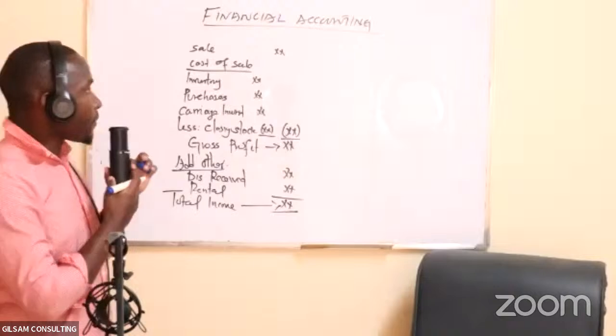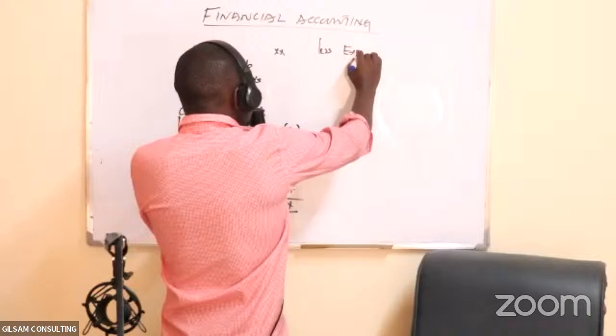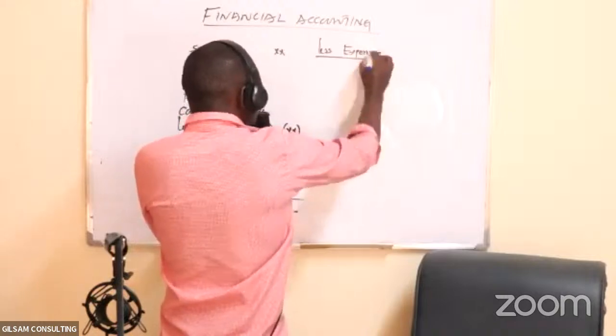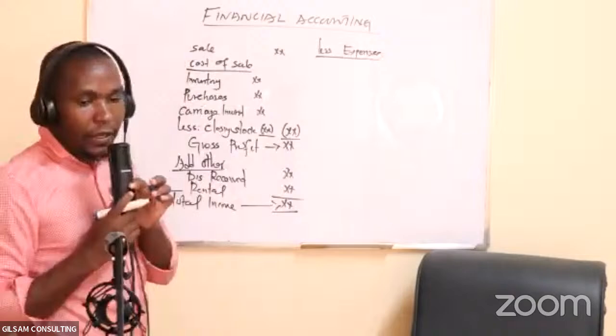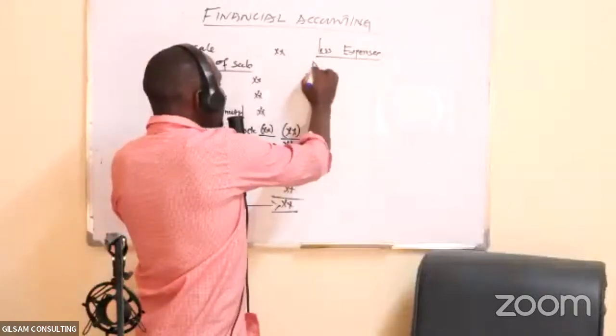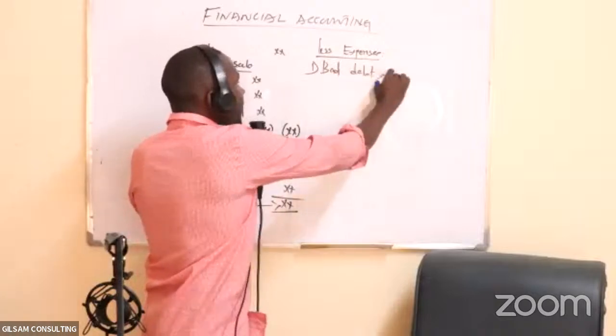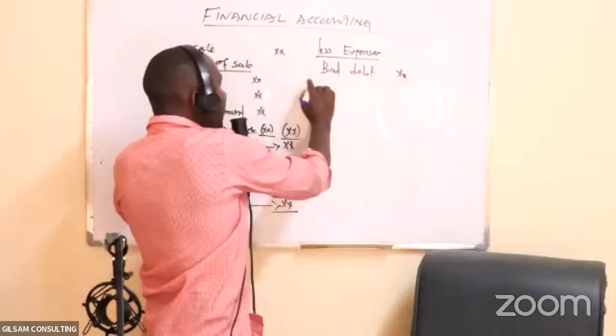After that, you less expenses. Now, the good student who doesn't want to miss any marks should start from the additional information. If it is number one, make sure that you capture that. Most probably it's bad debt, or depreciation.